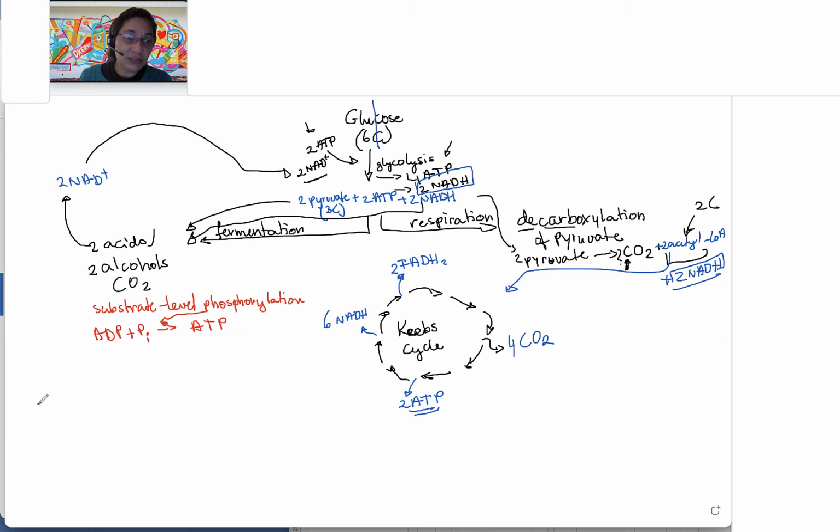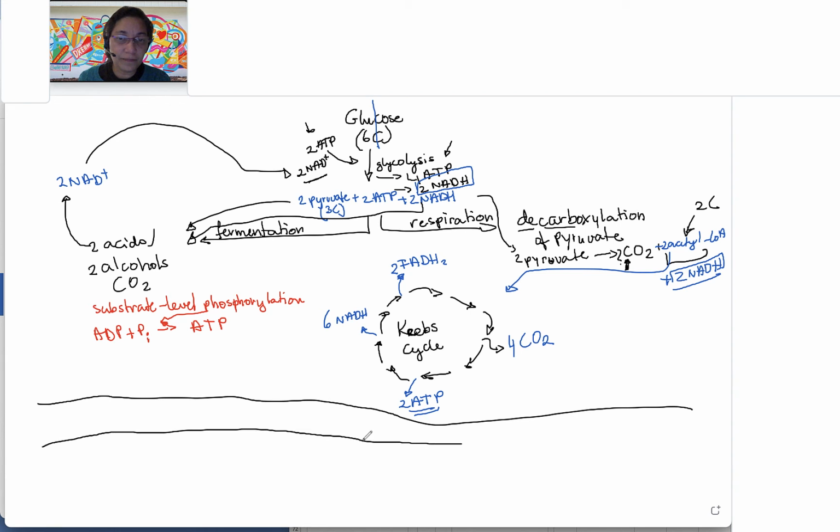Imagine this is the cell membrane. This is the inside of the cell, and this is the outside of the cell. For purposes of this discussion, we're ignoring that there may be a cell wall on the outside and all that good stuff. We have enough going on as it is.